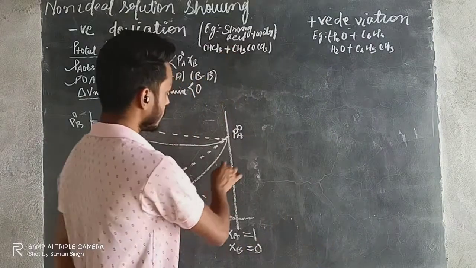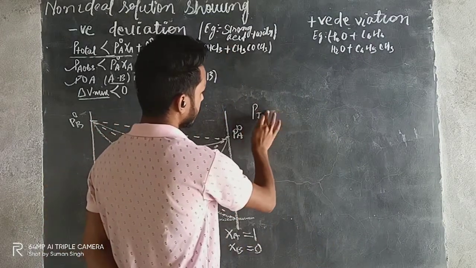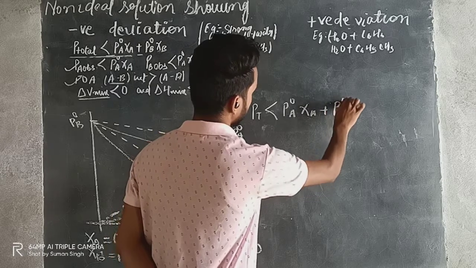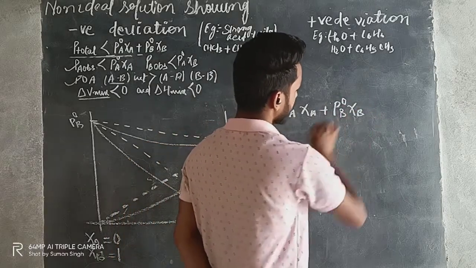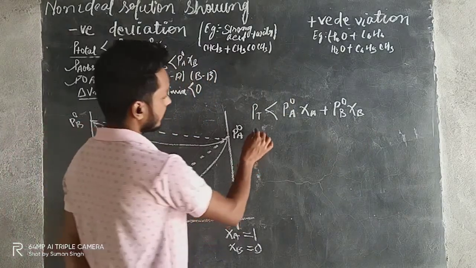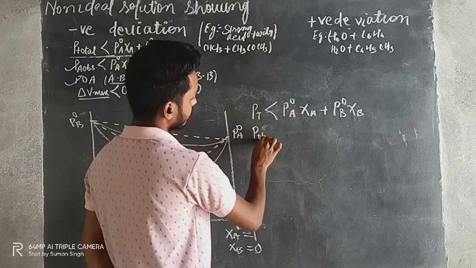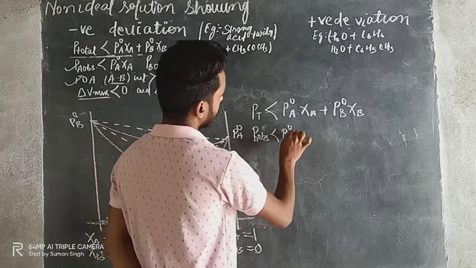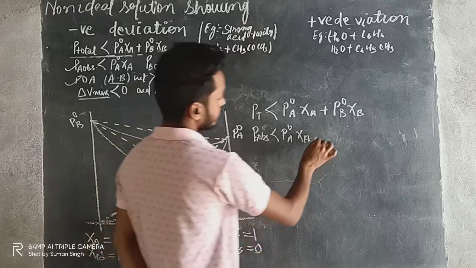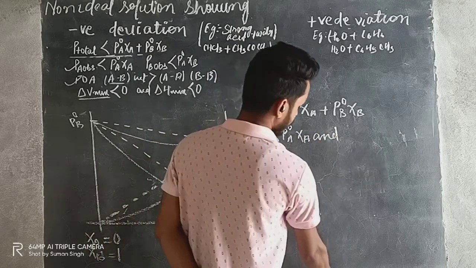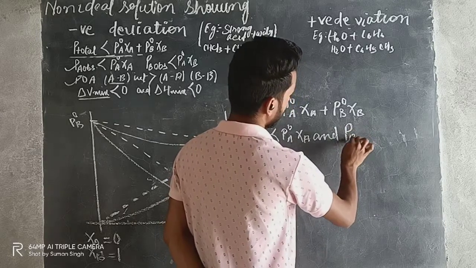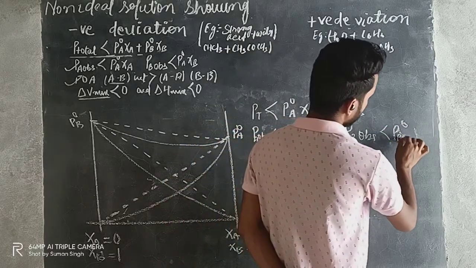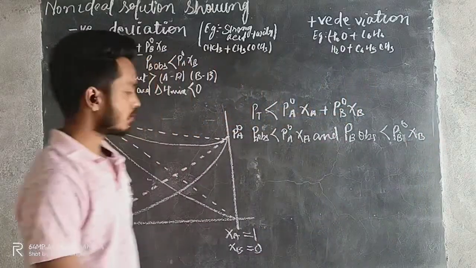What we can say is that P total is less than P naught A zeta A plus P naught B zeta B. Next, PA observed is also less than P naught A zeta A, and PB observed is also less than P naught B zeta B, right? So as you can see, everything is less.